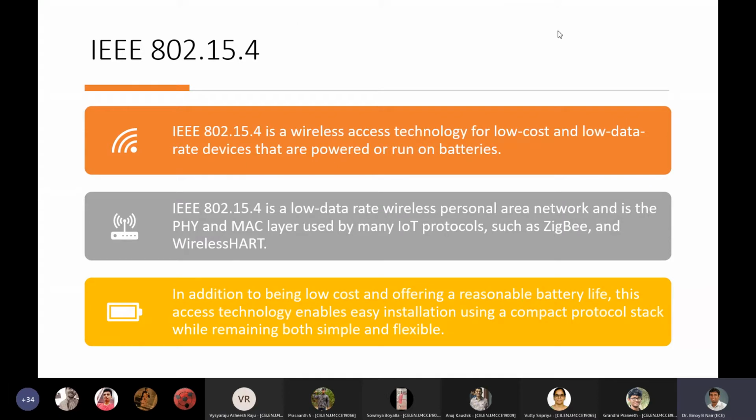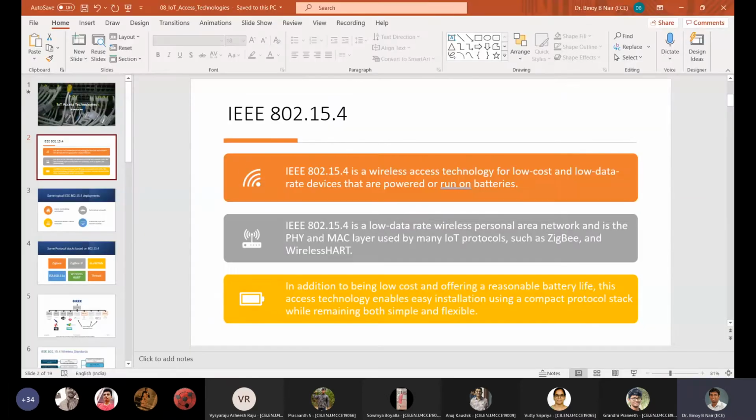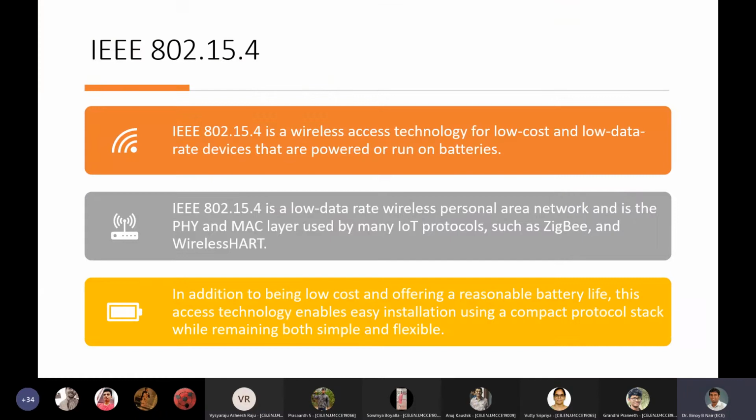Typically a large number of these work based on the IEEE 802.15.4 standard. So we will have a look at what IEEE 802.15.4 is, and then go into how it works and so on.